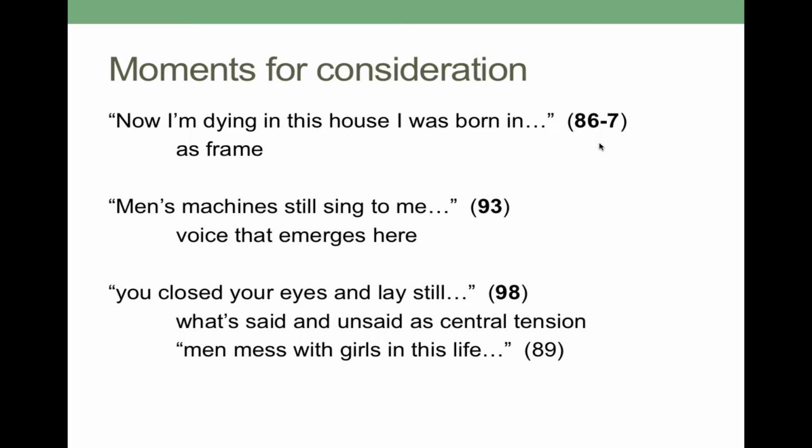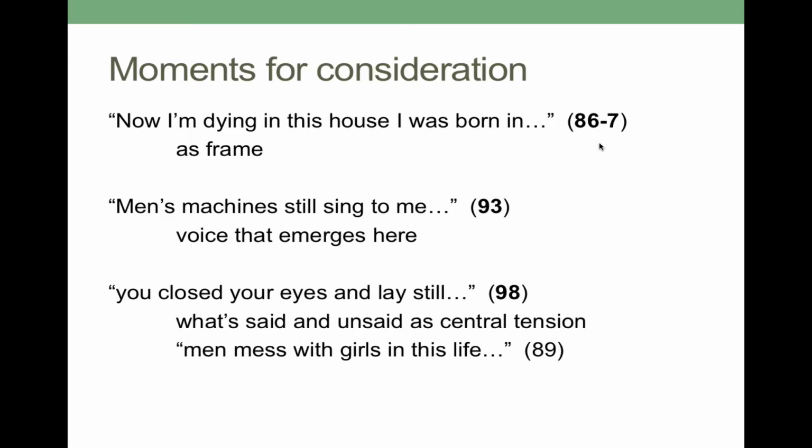She makes that stunning confession on page 89 that men mess with girls in this life. They always have and always will. That sense of violence and sexual assault is a foundational history to this world, and how the narrator lives with that reality.